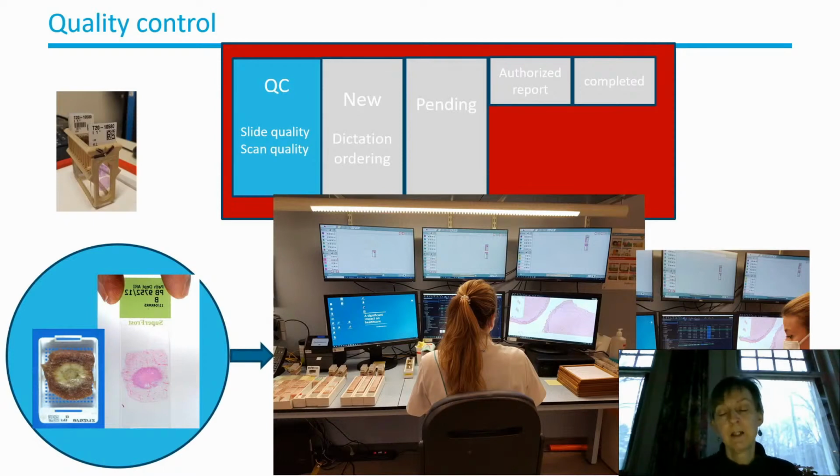Depending on the clinical suspicion, the technician assigns the case to a specific area in pathology. As you can see here, everything from the block to the slide to the report can be tracked by a barcode.